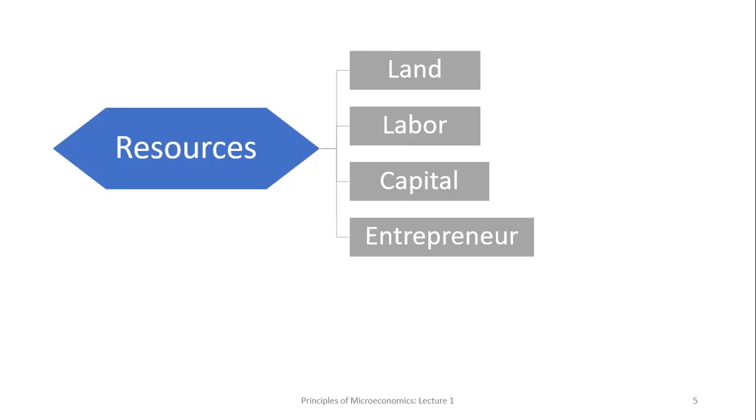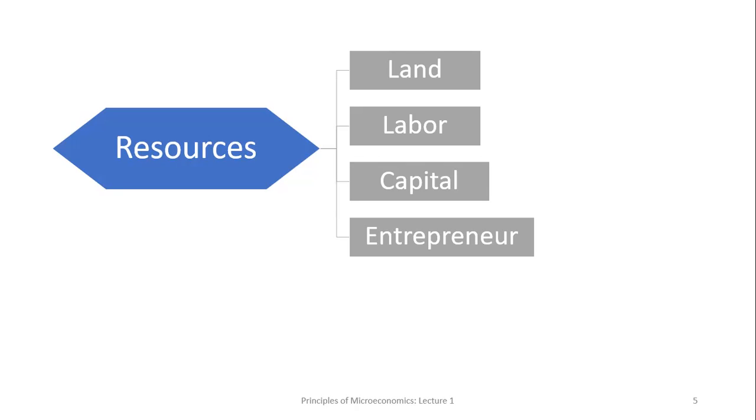Next is labor. Labor means human effort. These efforts could be mental or physical. All those efforts that help us in producing any good or service are termed as labor. Next is capital.